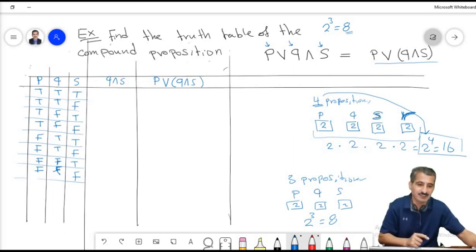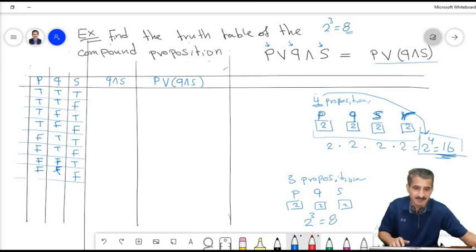S will change every 2 times: true, true, false, false, true, true, false, false, and so on. Q will change every 4 times: true, true, true, true, false, false, false, false, and again true, true, true, true, false, false, false, false, because we have 16 cases. And now P will change every 8 times.